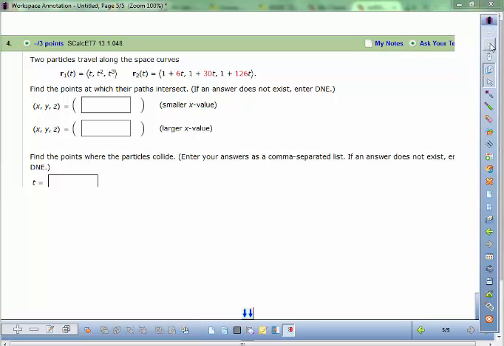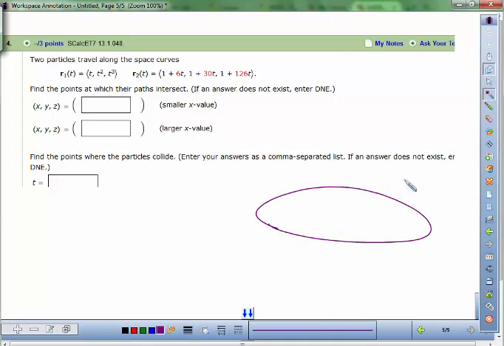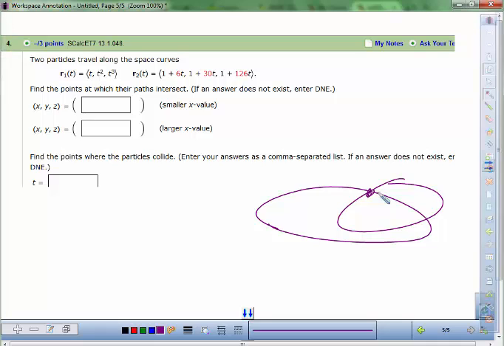In any case, there's a difference between the paths crossing and the two particles going through at the same time. So we need to think about these as paths crossing.